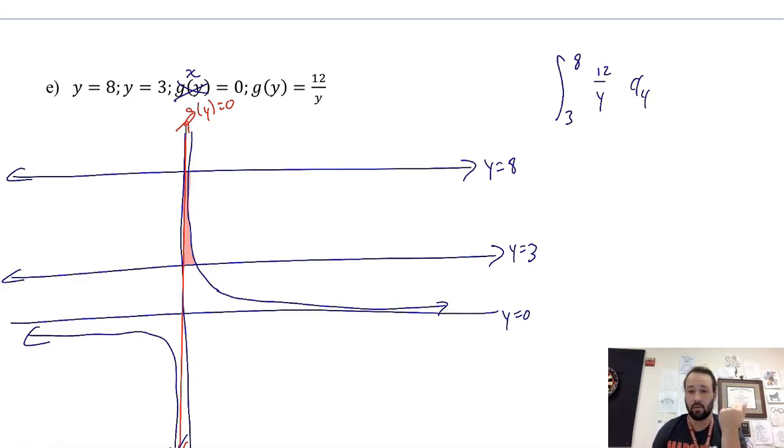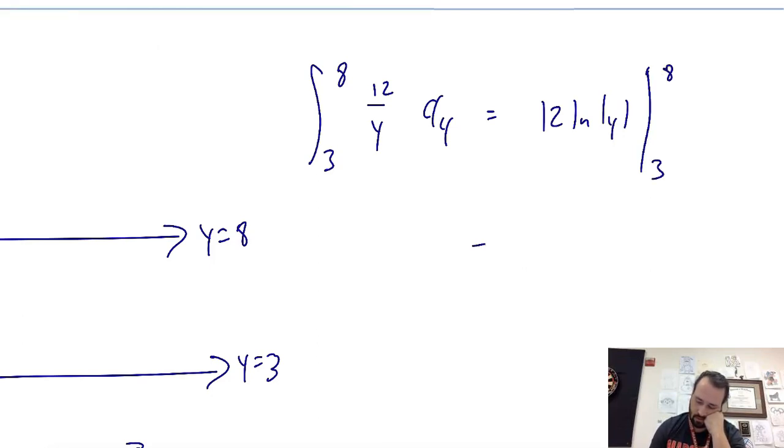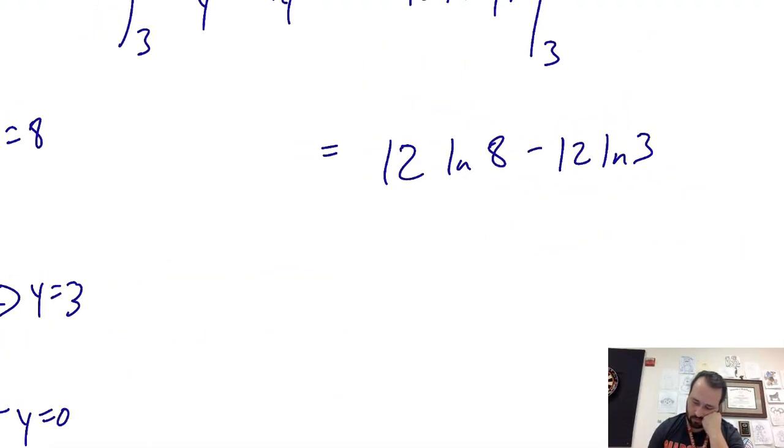And that would be it. So this is just going to be 12 ln of y from 3 to 8. So this is 12 ln 8 minus 12 ln of 3, which I can factor out the 12.